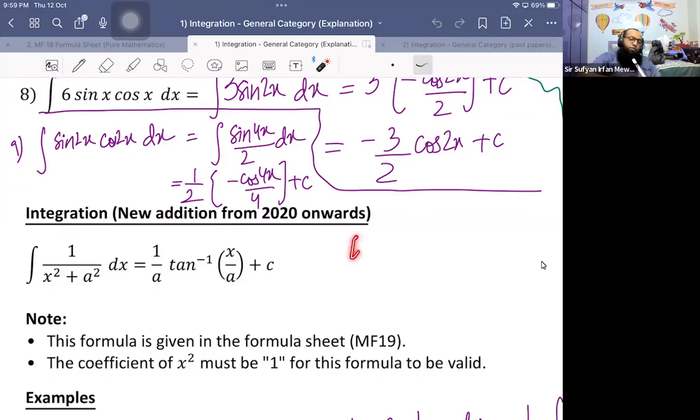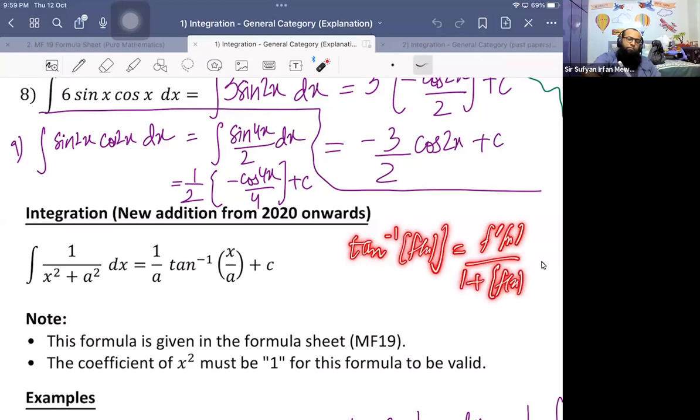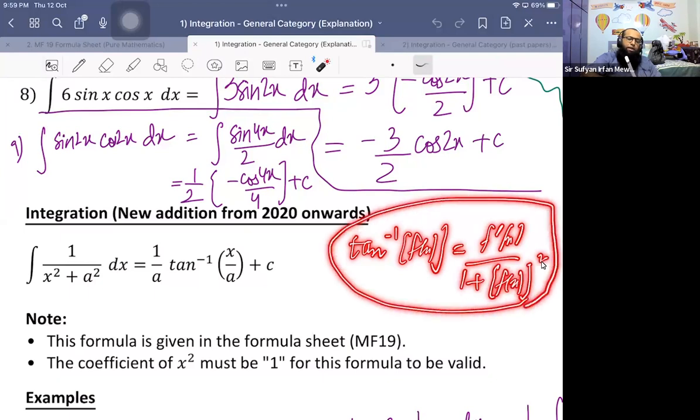Now in differentiation I taught you a particular formula. The differentiation of tan inverse f(x) is f prime x upon 1 plus f(x) square, right? I explained this to you when we were covering differentiation of implicit functions.